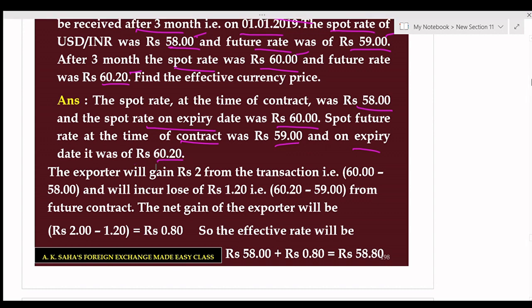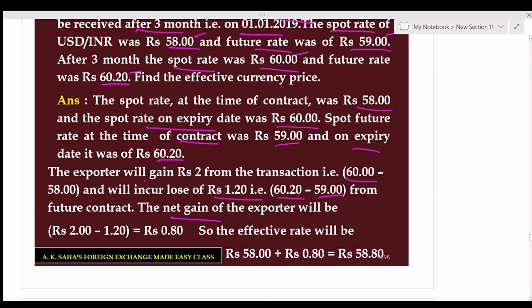So the exporter will gain rupees 2 from the transaction, that is 60 minus 58, and will incur a loss of rupees 1.20, that is 60.20 minus 59, from the future contract.